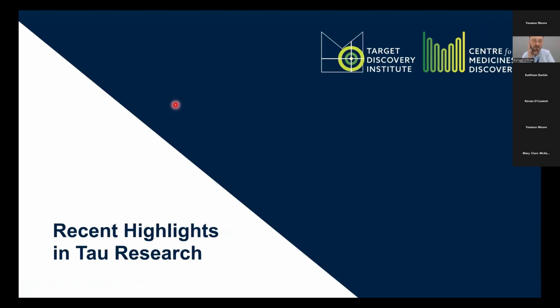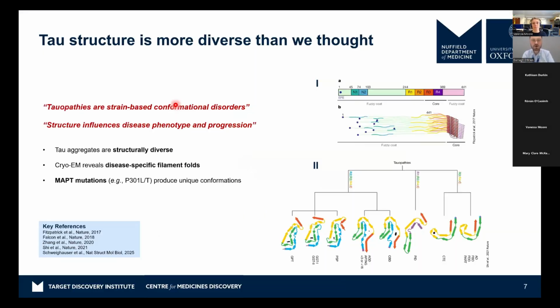So now I'm just going to walk you through some of the most recent research highlights in tau biology. One of the most recent advances, as I said: for a long time, tau has been shown to be intrinsically disordered, and not much has been known on its structure. However, recent structural studies have shown that tau is not a single uniform aggregate, but rather a family of disease-specific filament folds.